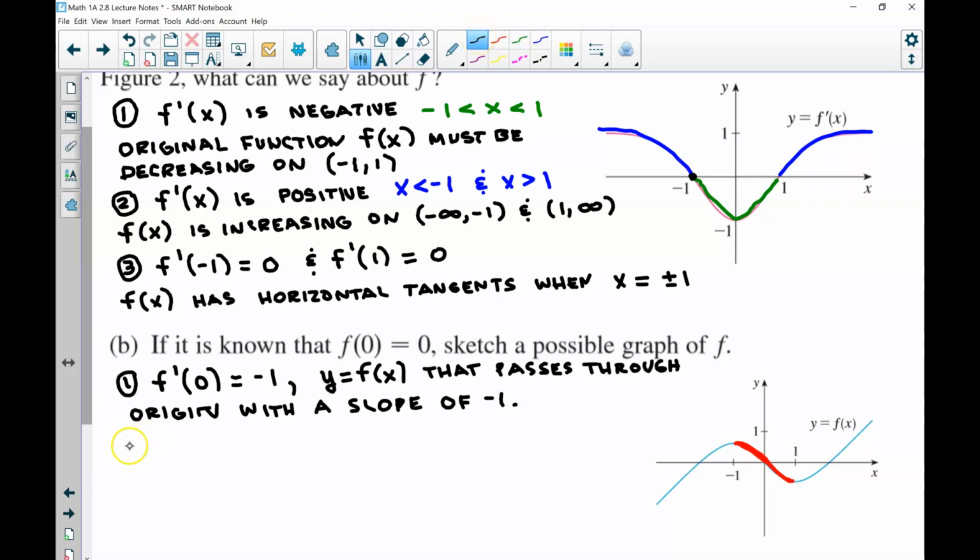Now we notice also that f prime of x, meaning the derivative, is approaching the value of 1 as x is approaching positive and negative infinity.